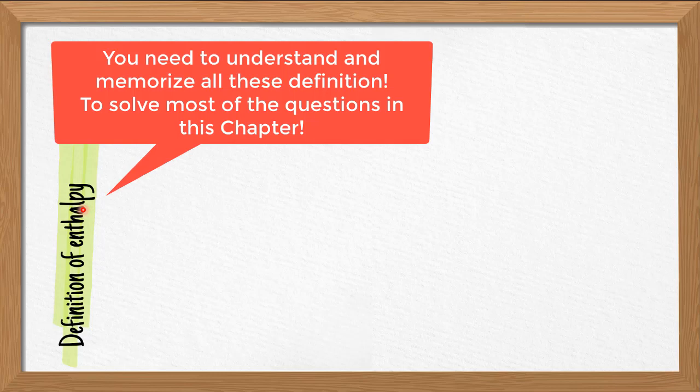Next, we want to look at the definitions of enthalpy. Remember that the definitions of enthalpy are the key for you to answer most of the questions related to thermochemistry. From chapter 2.2, 2.3 to 2.4, we need to use all these definitions of enthalpy, and you need to understand and memorize them.